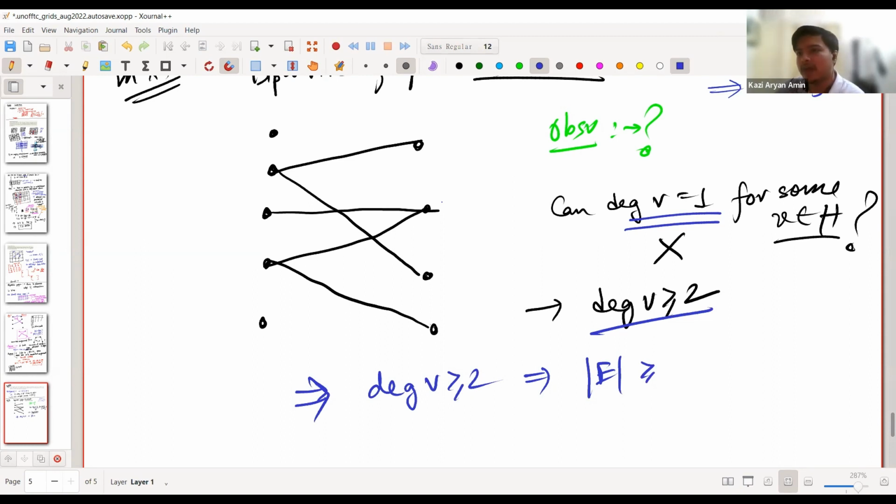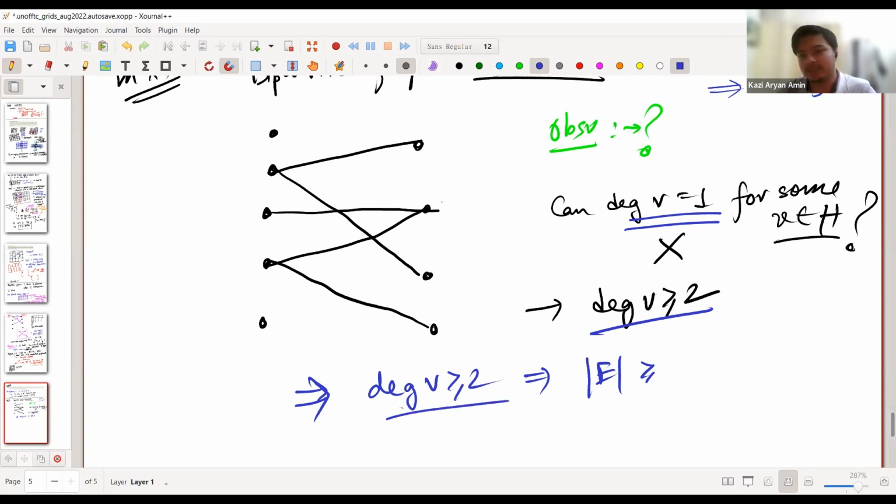If every degree v equals to 0, it basically means you don't have any non-integer entry. You just delete the row or the column. Everything is an integer over there, so you just don't really care about it. So degree v is at least 2.